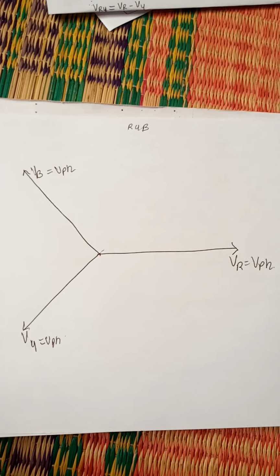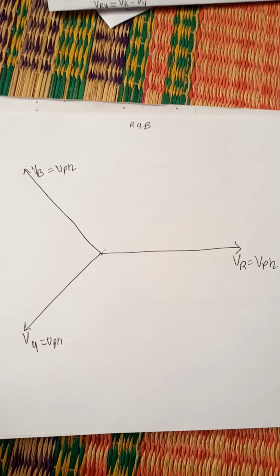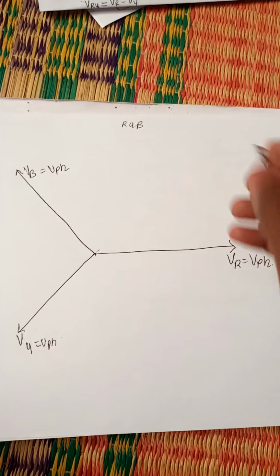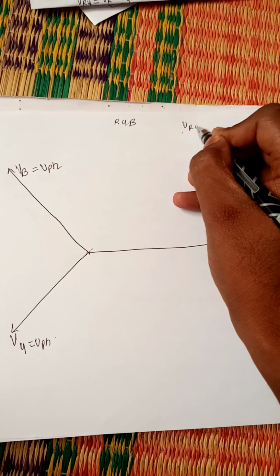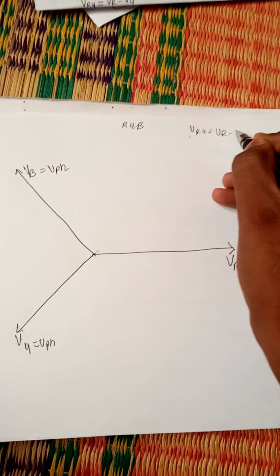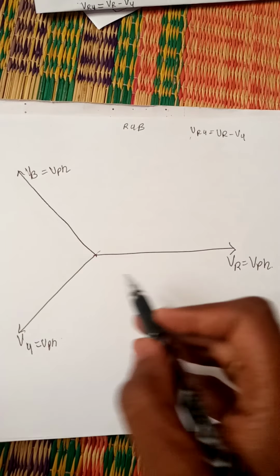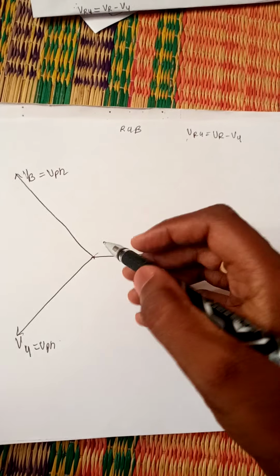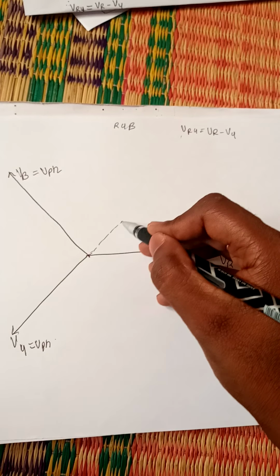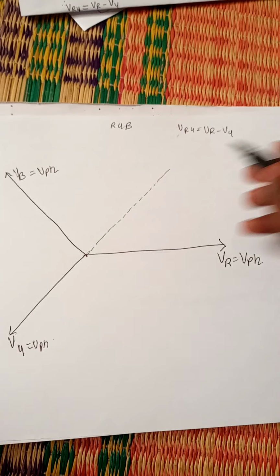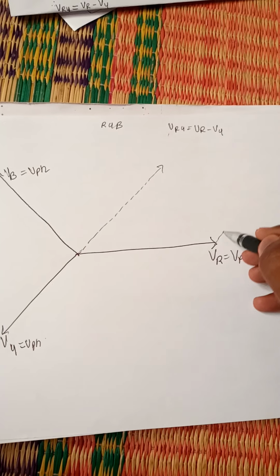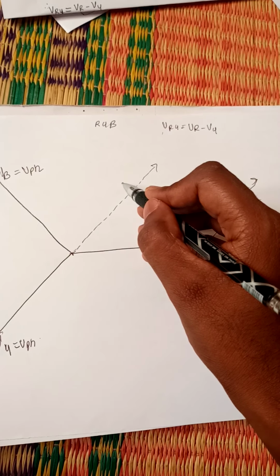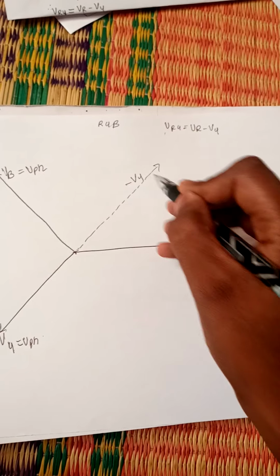Now what you have to do, follow the same process you did for VRY. If you want VRY, it is nothing but VR minus VY. You have the VR vector here, you want minus VY, so you extend this one. This is your minus VY.